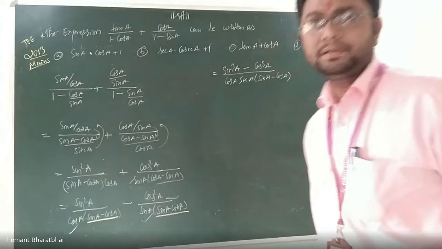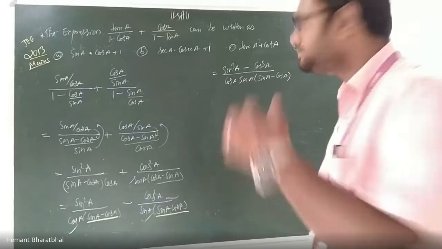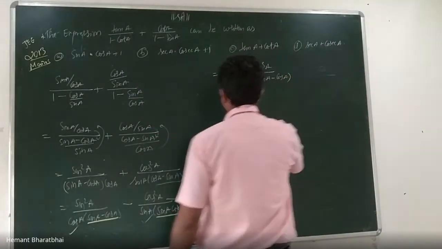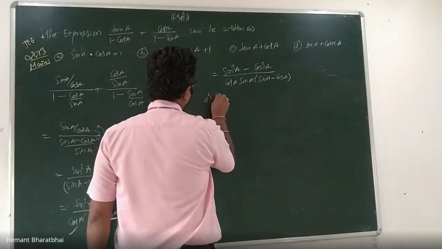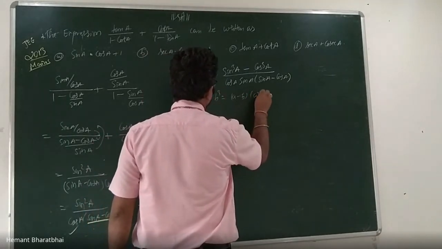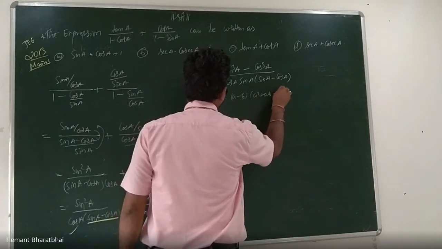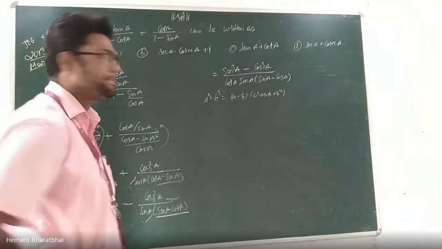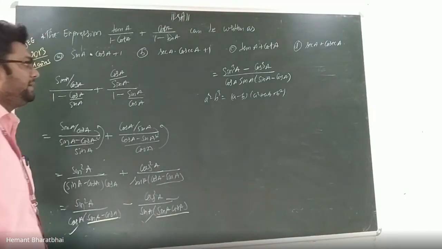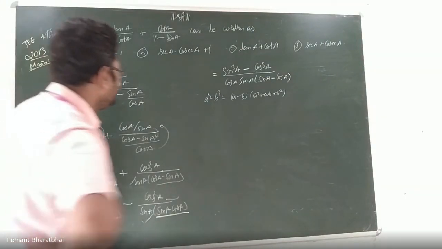Okay, now sin cube minus cos cube, so we'll just remember the formula of this. A cube minus b cube can be written as a minus b into a square plus ab plus b square.